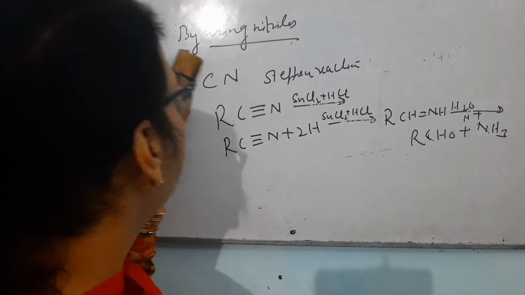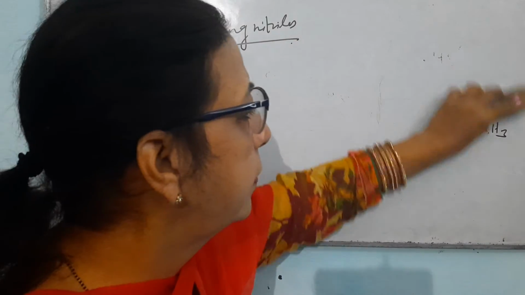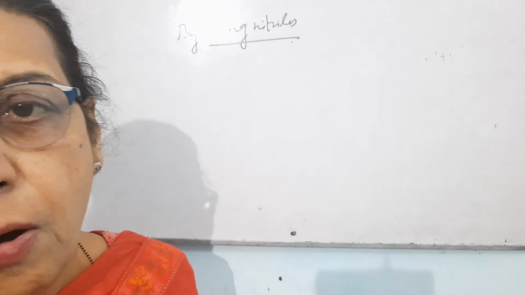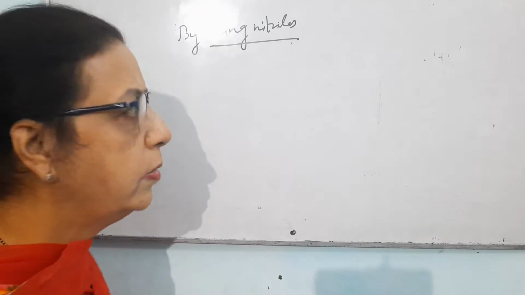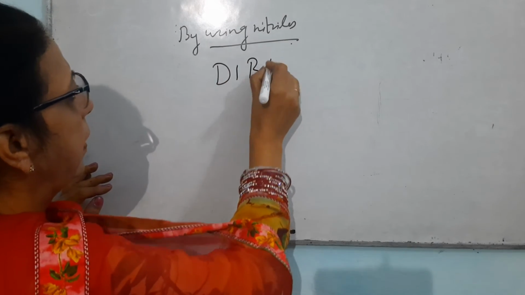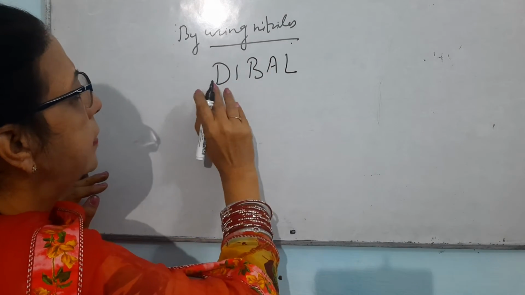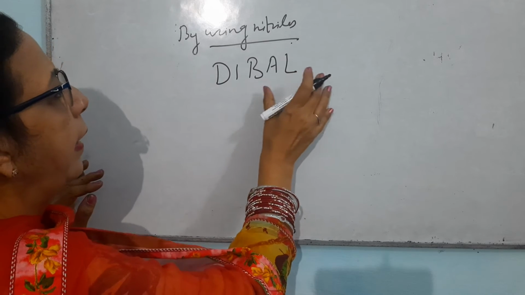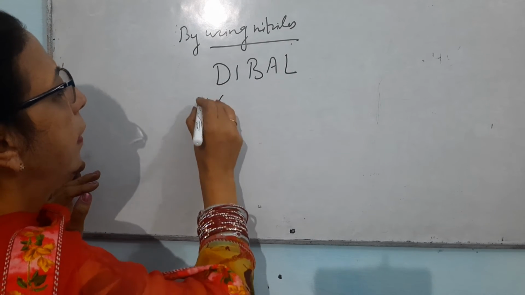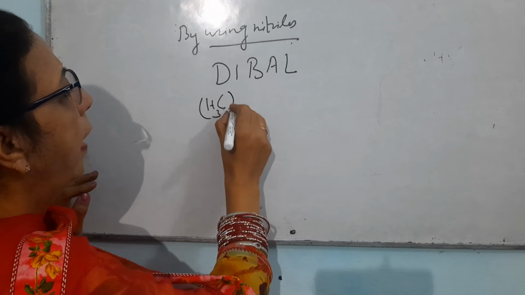There is one more method by which nitriles can be directly converted in the form of aldehydes by using a reagent which is known by the name of DIBAL. It is diisobutyl aluminium hydride.